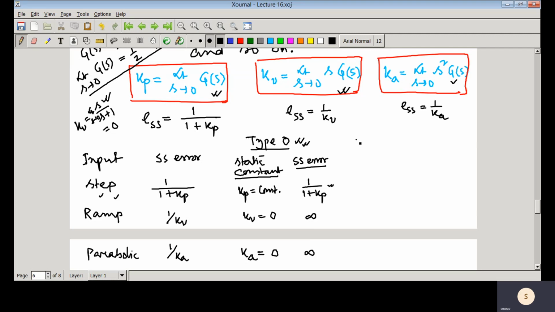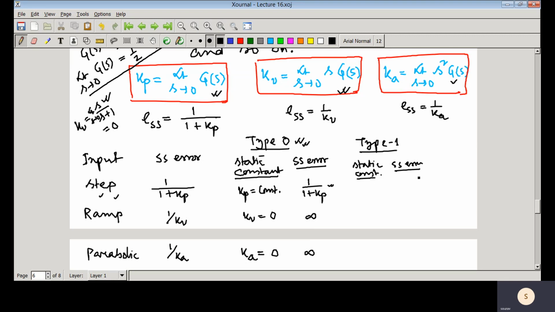And then if you take a type 1 system, so then what happens? So the static constants that you would have, and here you have the steady state error and static constant.